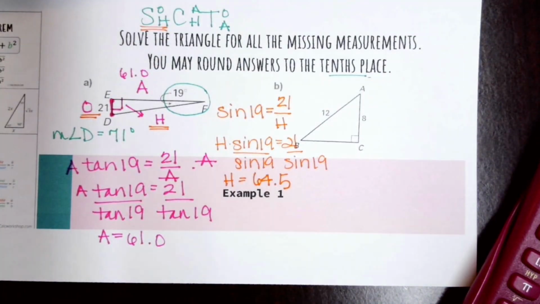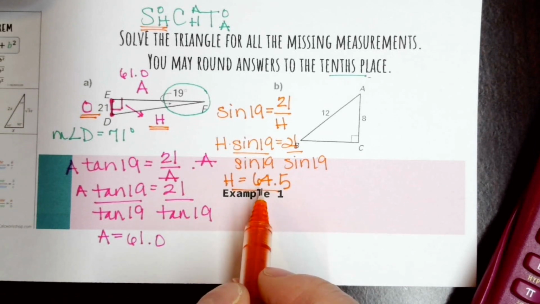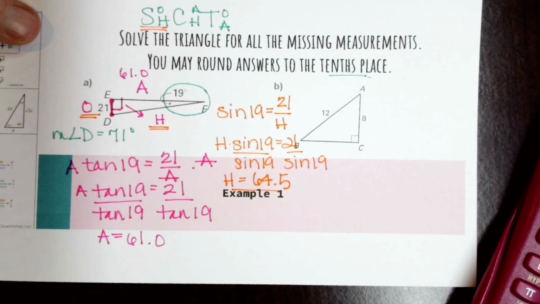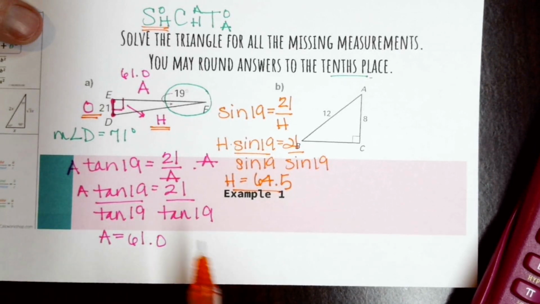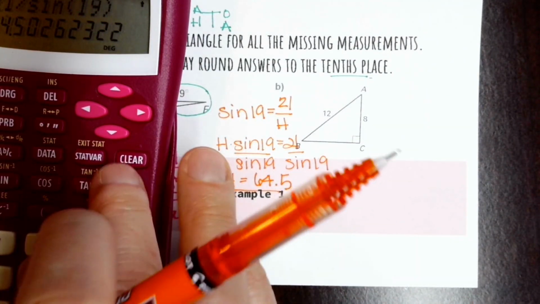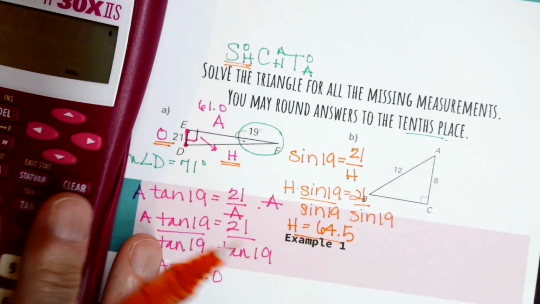So a couple things you want to check for, right? Is your hypotenuse the longest side of your triangle? And it does appear to be, right? I've got a 21, a 61, and a 64.5. So that absolutely appears to be true. We double checked our angles. That's going to come out to 180. Now again, if I want to check my sides, a squared plus b squared should be equal to c squared.